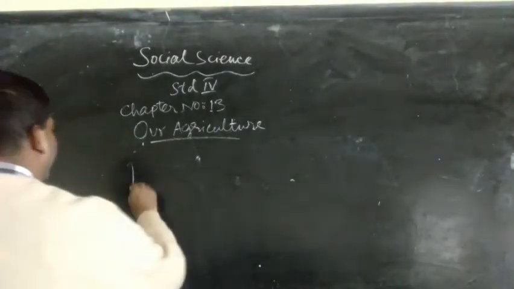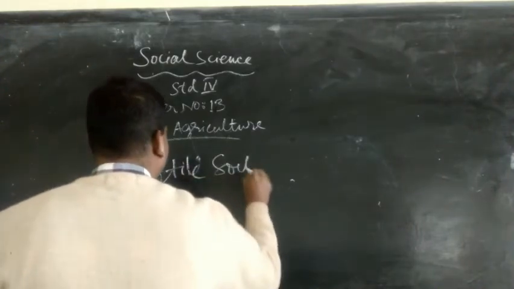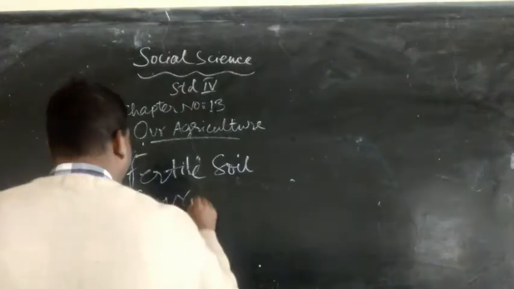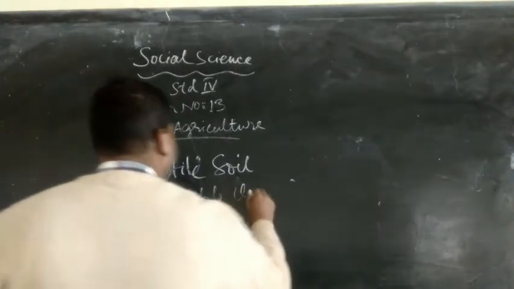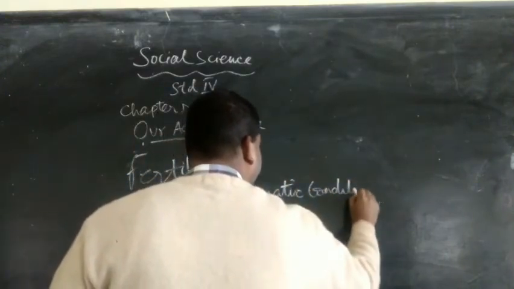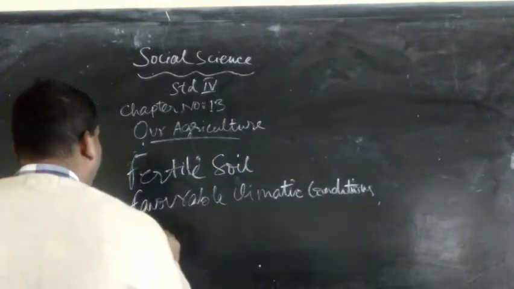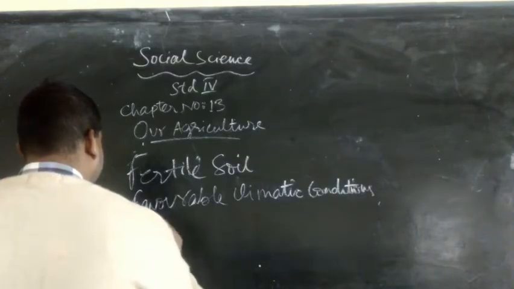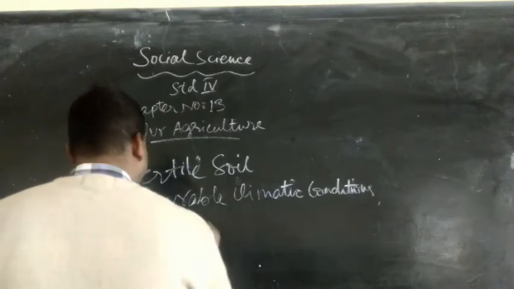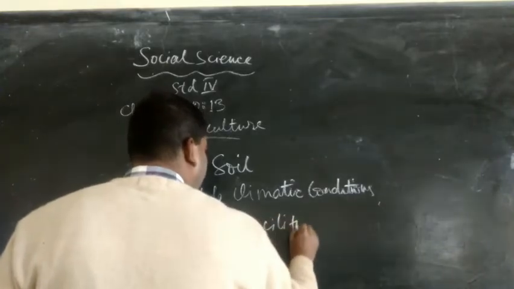They are fertile soil, then favorable climatic conditions, and adequate irrigation facilities or good irrigation facilities. So these are the reasons why India is called an agricultural country.